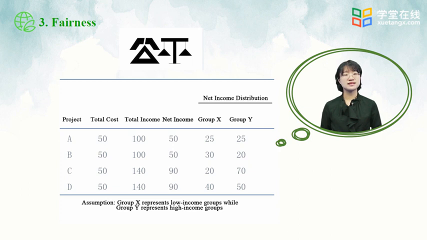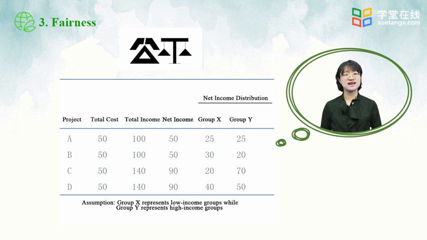But for C and D, their total costs and total benefits are the same, so C or D, which one is better? At this time, we should not only consider the total benefits and the net benefits produced by these 2 policies, but also the distribution of the net benefits among different groups of people. Group X and Group Y represent different income groups.